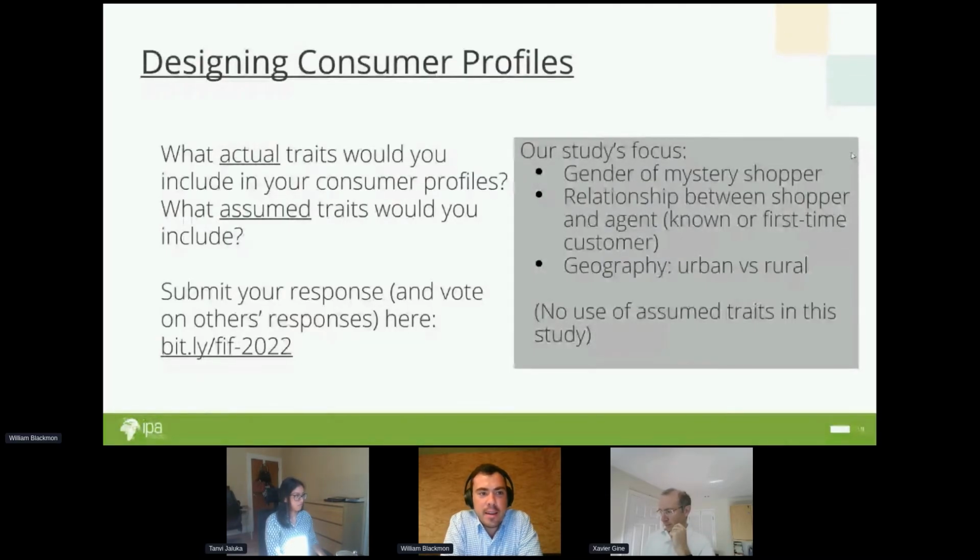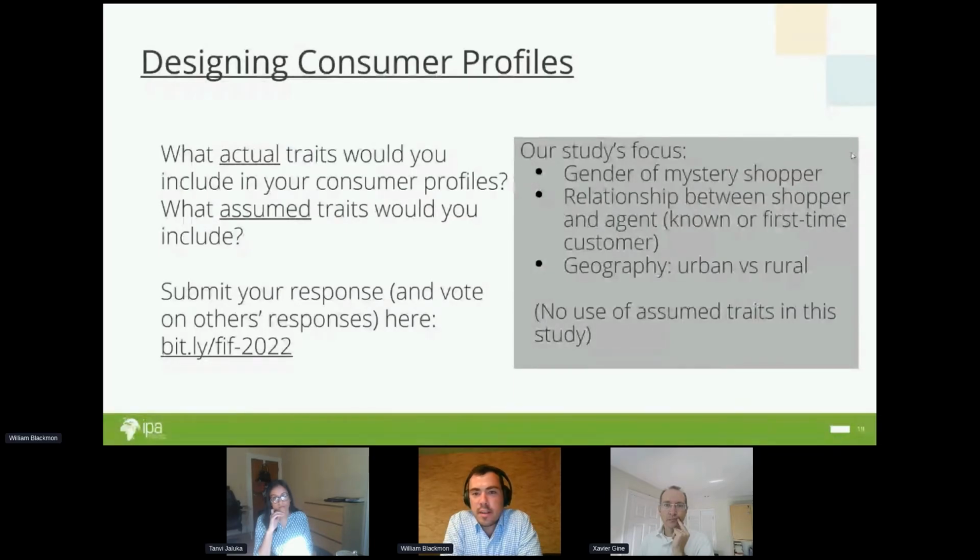And here we talk about actual traits of your consumers and assumed traits. So you can design your consumer profiles, your mystery shoppers, based on actual traits, which means the true traits of the mystery shoppers that you are using.